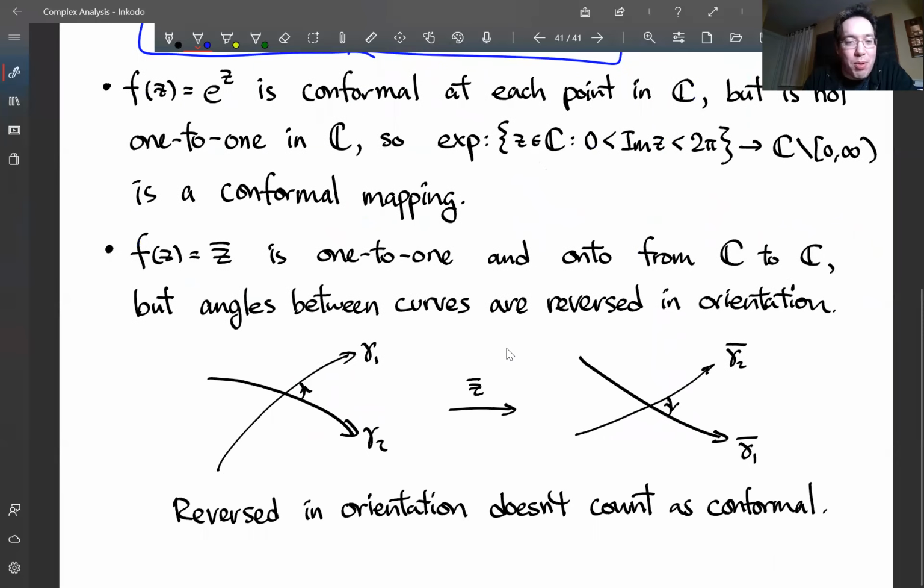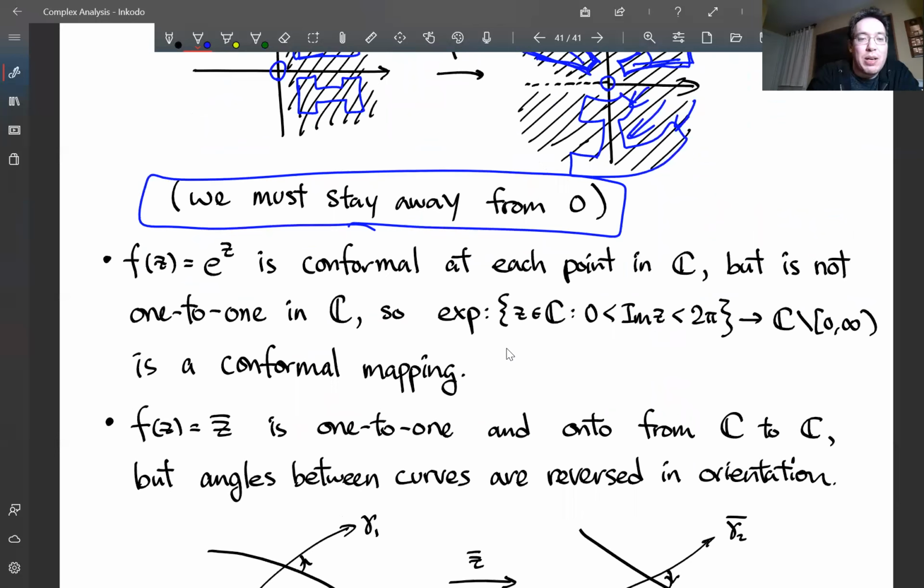Okay, so a couple more comments, right? The function e to the z is conformal at each point in the complex plane. The derivative is never equal to 0, so you don't have to worry about that part. But it's not one-to-one, because remember, it's 2 pi i periodic. So if the imaginary value goes up by 2 pi, we get the exact same value again.